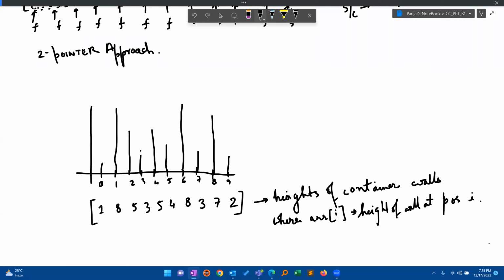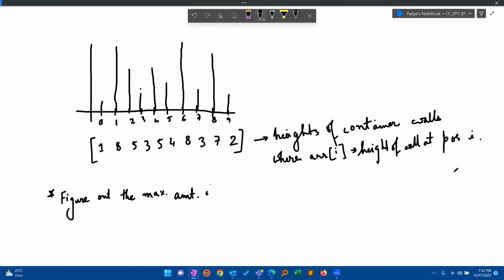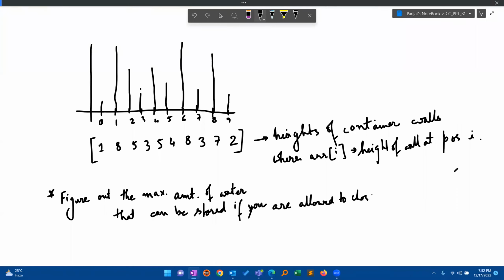What you have to figure out is the maximum area of the container, or the maximum amount of water that can be stored in the container, if you are allowed to choose only two walls.